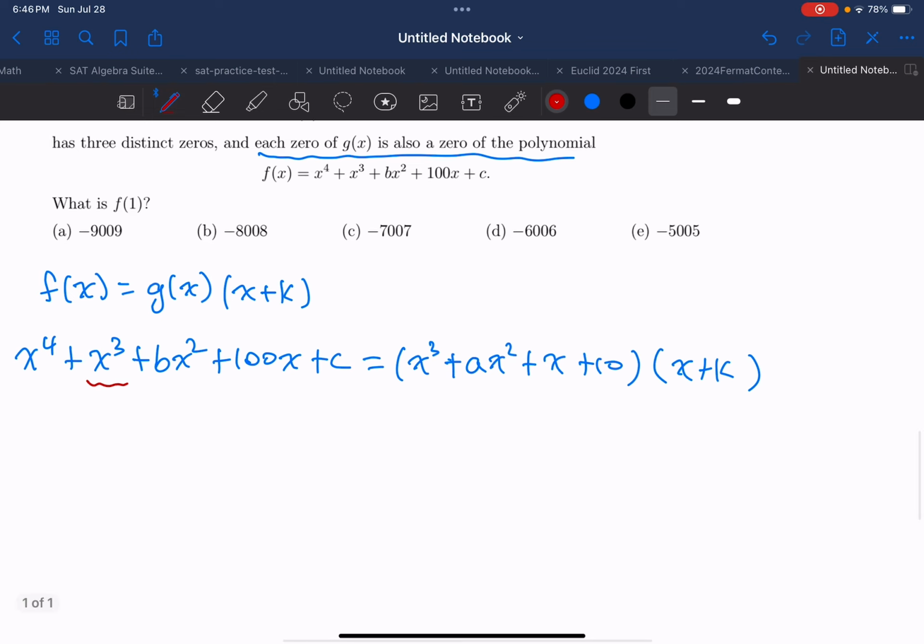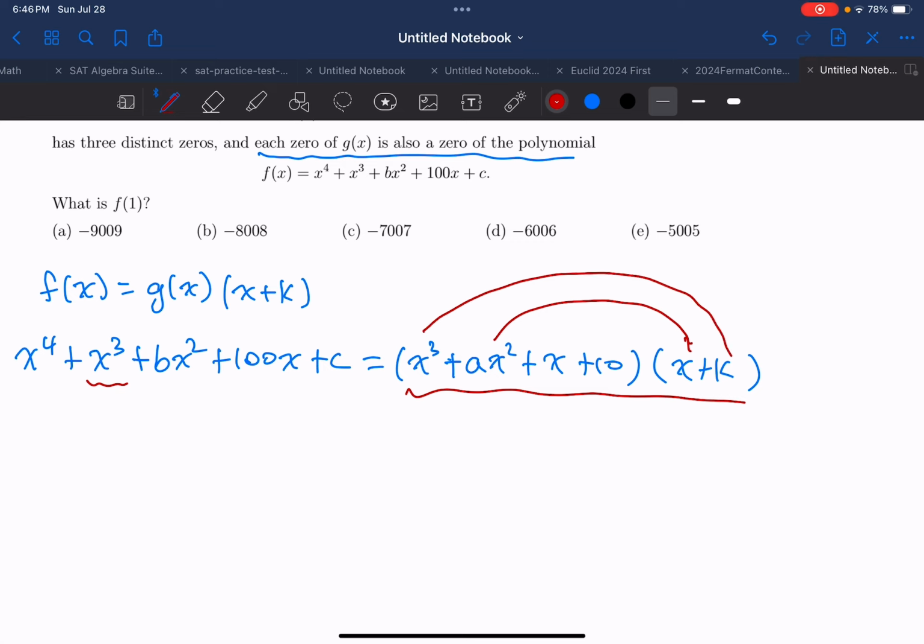And if we expand this just for the coefficients of x cubed, multiplying these two and multiplying these two are the only terms giving x cubed, which is ax cubed plus kx cubed. And this should equal, I'll write on the left side, x cubed. So we know that k is equal to 1 minus a.